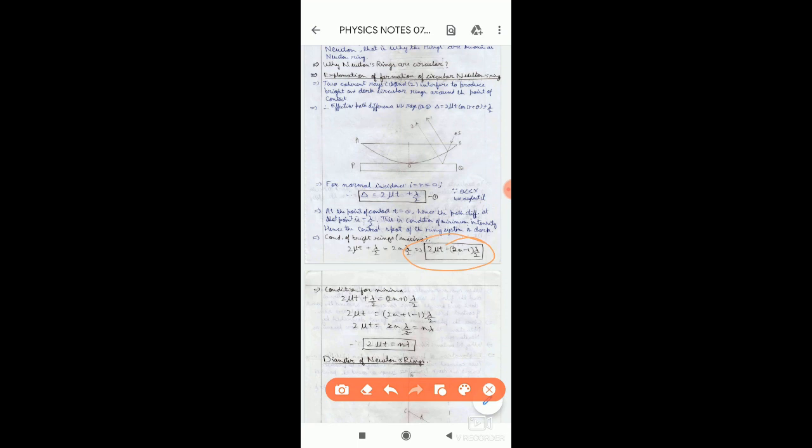Now the condition for minima. The path difference should be an odd multiple, (2n plus 1) lambda by 2. Putting the values, 2 mu t plus lambda by 2 equals (2n plus 1) lambda by 2. Now we get 2 mu t equals n lambda, the desired result. It is very simple and very important.